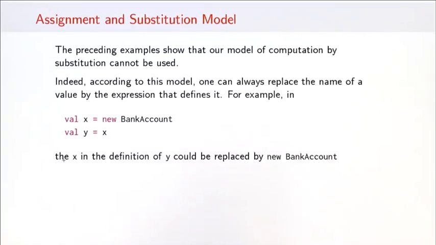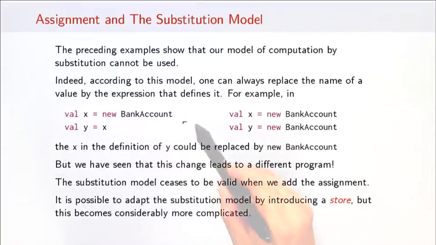Now, one thing the discussion so far shows is that our model of computation by substitution has become problematic, in fact, that it cannot be used. Indeed, if we apply the substitution model to our bank account example, then we can always replace the name of a value by the expression that defines it. So, for instance, if we have these two definitions, then by the substitution model, as we have seen, that rewrites in one step to the definitions on the right.